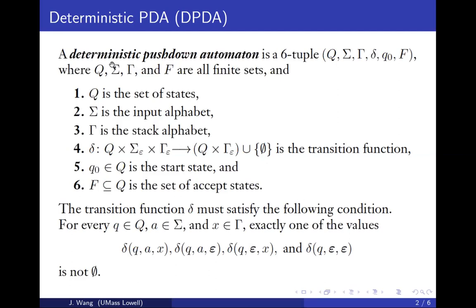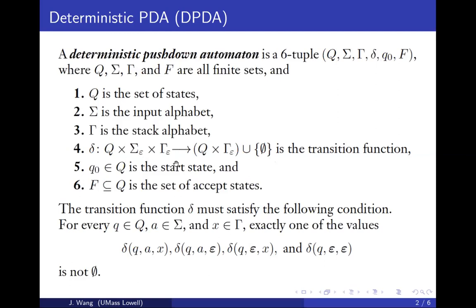A deterministic PDA is a six-tuple: Q, sigma, gamma, delta, Q0, and F. These components are the same as a PDA, except that the transition function delta is now in a deterministic form.